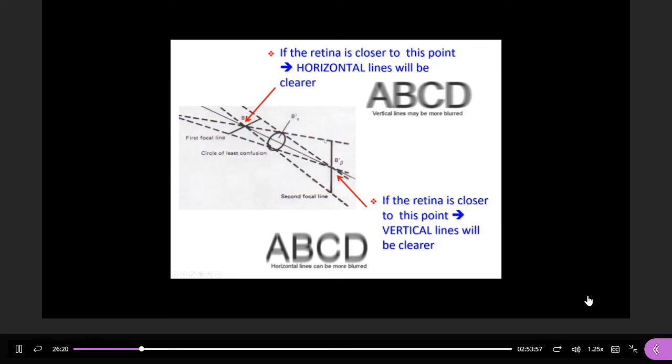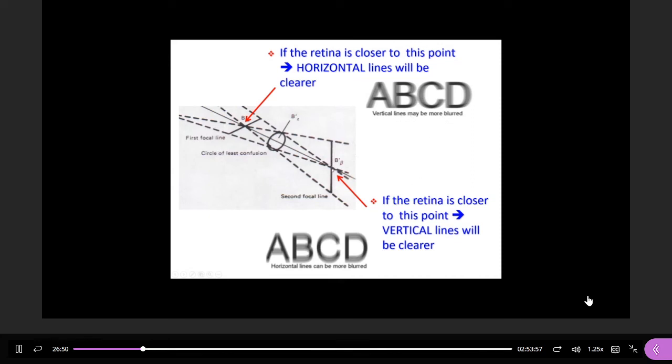So, reflected in the astigmatism image, the horizontal should be clearer because the horizontal power is close to the circle of vision, so it should be clearer. However, if this one is far from that, then it will make more blur, right? So this image shows the vertical line is more blurred.